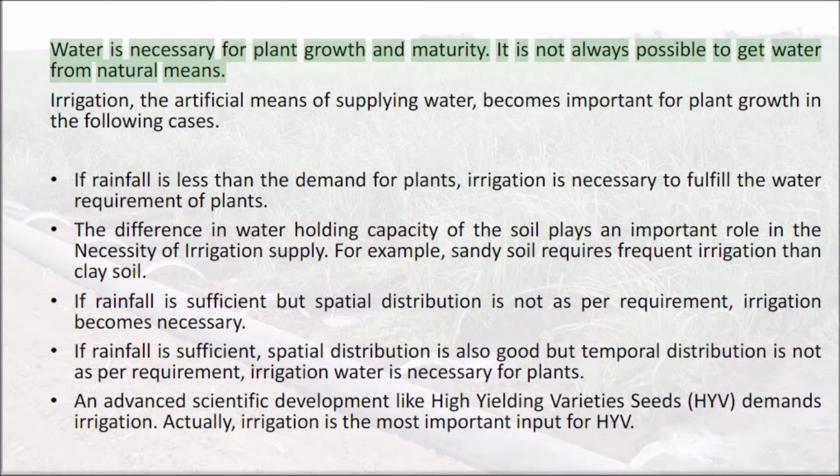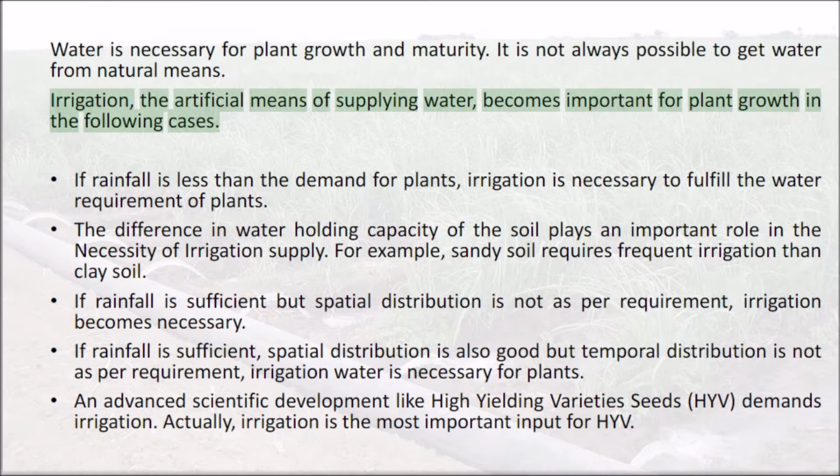Water is necessary for plant growth and maturity. It is not always possible to get water from natural means. Irrigation, the artificial means of supplying water, becomes important for plant growth in the following cases.